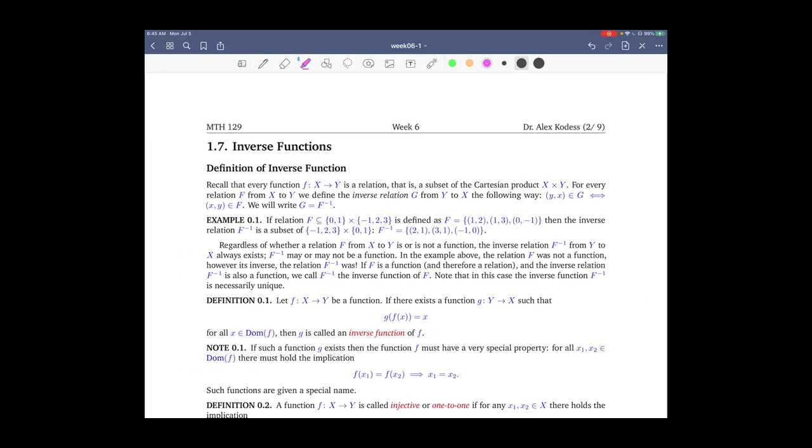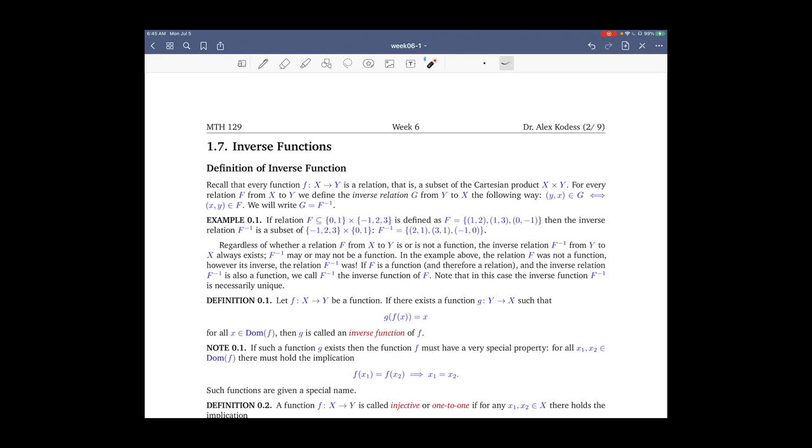Remember the first week of the course, we talked about relations and functions. A relation, if you can recall, is a subset of the Cartesian product of two sets, x times y. Such a relation we call a relation from x to y. A function is a very special type of relation.